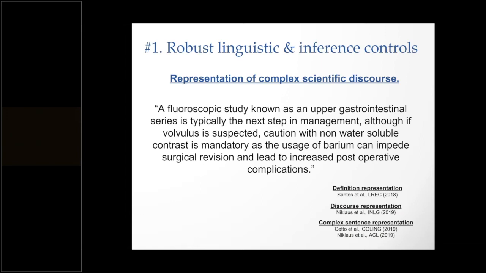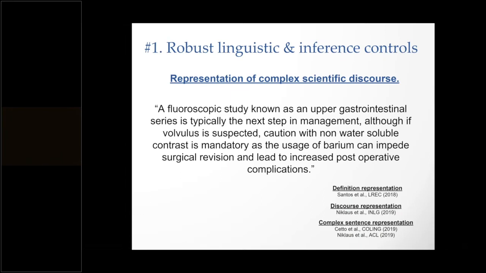So that's a possible unit of analysis or representation that we can have. Assuming that we have a complex sentence, and in scientific discourse sentences tend to be very complex, how do we represent this complex scientific discourse? And this is a single sentence. It will take a little bit of time even for a human to understand what's going on there.